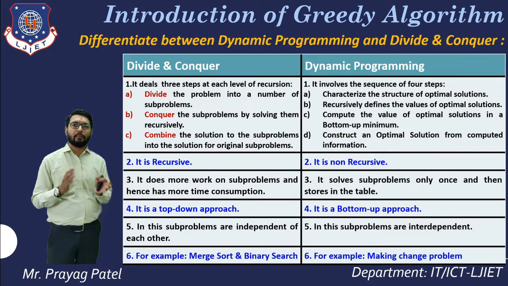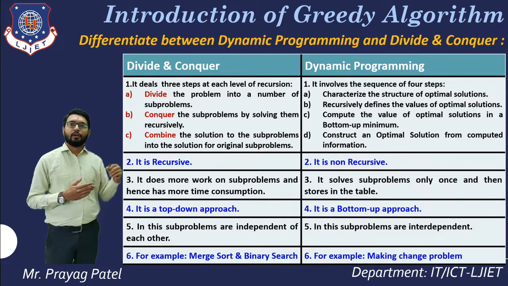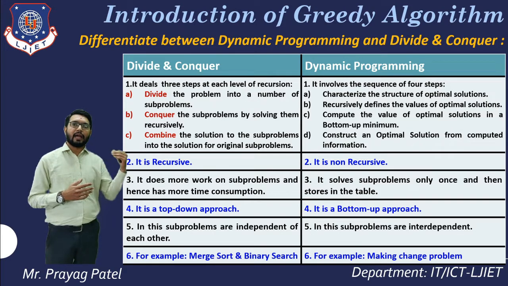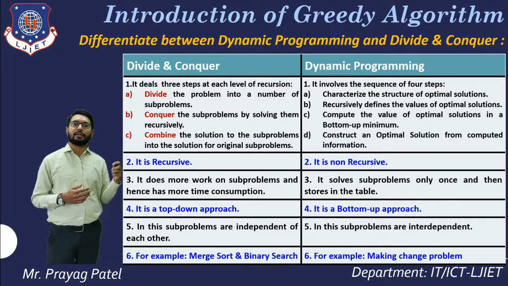Then in dynamic programming, the subproblems are not independent. And the last point: examples of divide and conquer technique are merge sort and binary search. And in dynamic programming, examples are the making change problem and longest common subsequence.